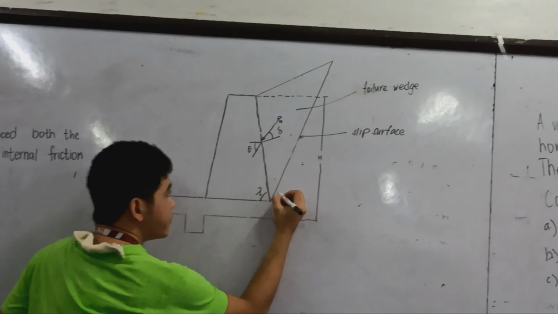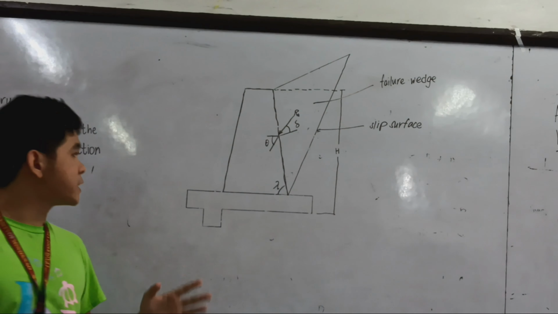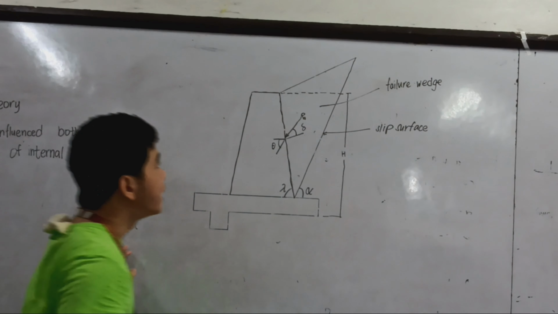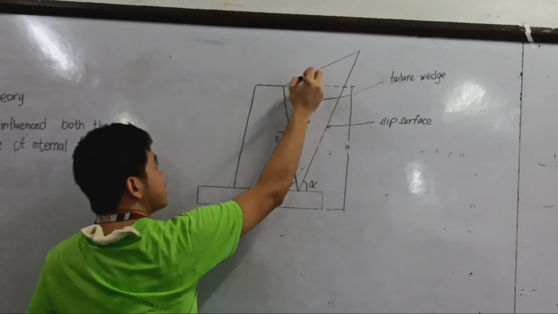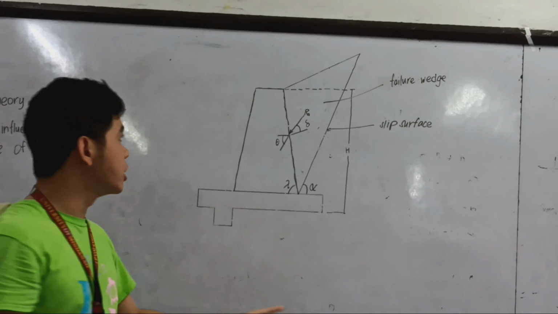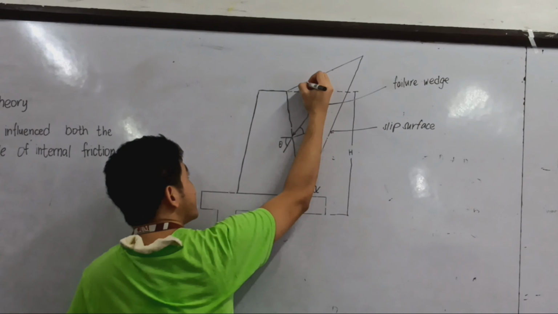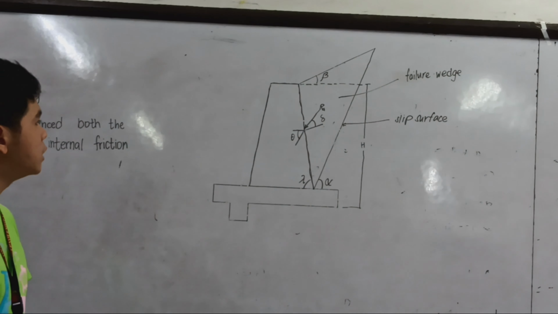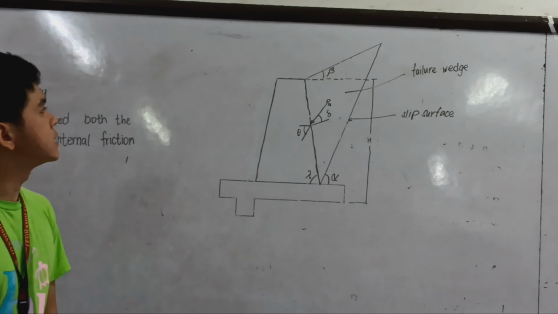The angle of the slip surface is denoted as angle alpha. And here, this one is our backfill, and that is denoted as angle theta.